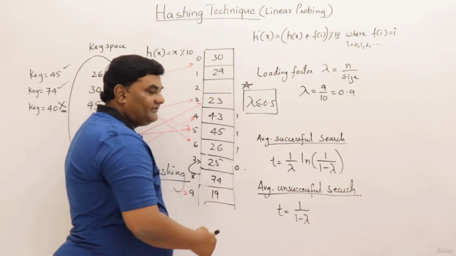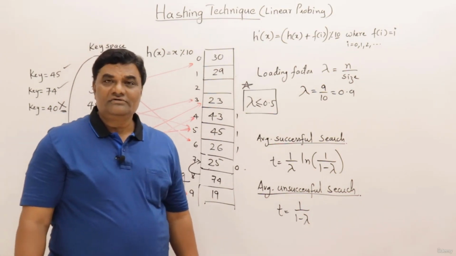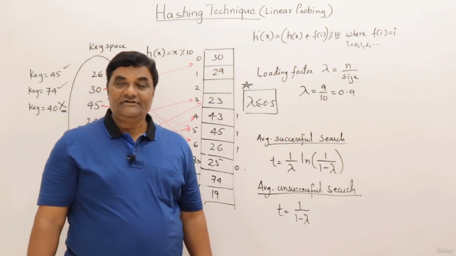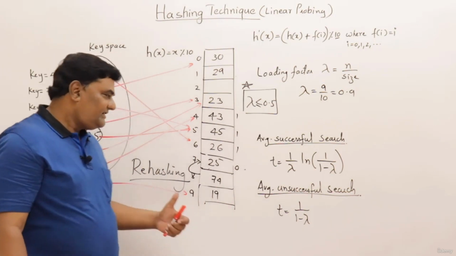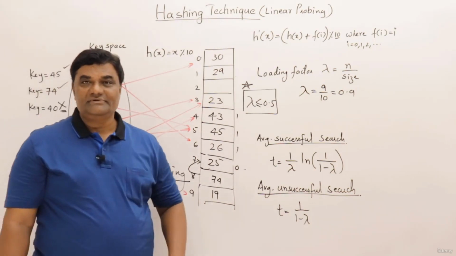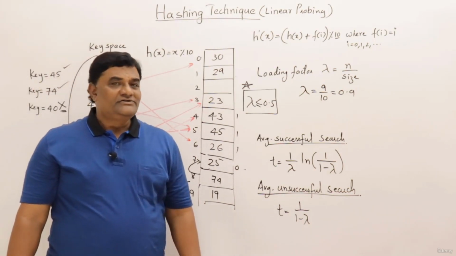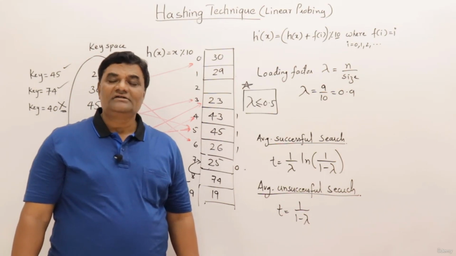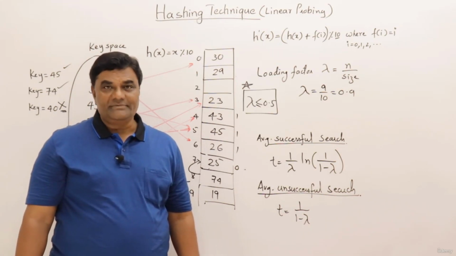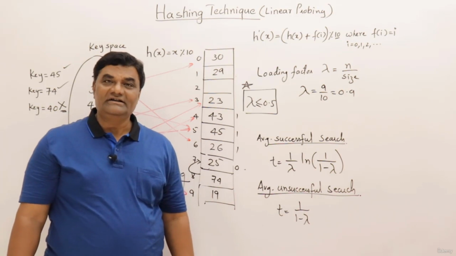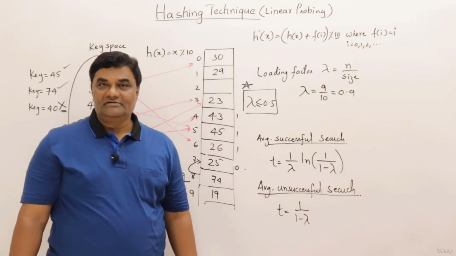I can put a flag beside each key to show it is present or not present, if you really want to delete. Rehashing is not suggested because it is time consuming. So deletion is not easy in linear probing, and we don't recommend deletion in linear probing.